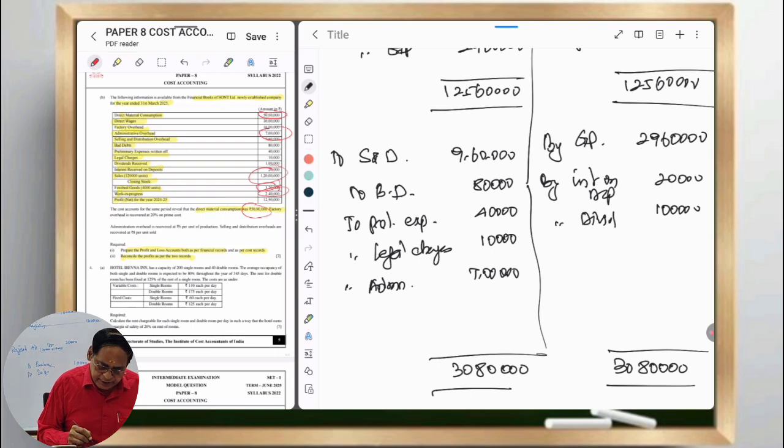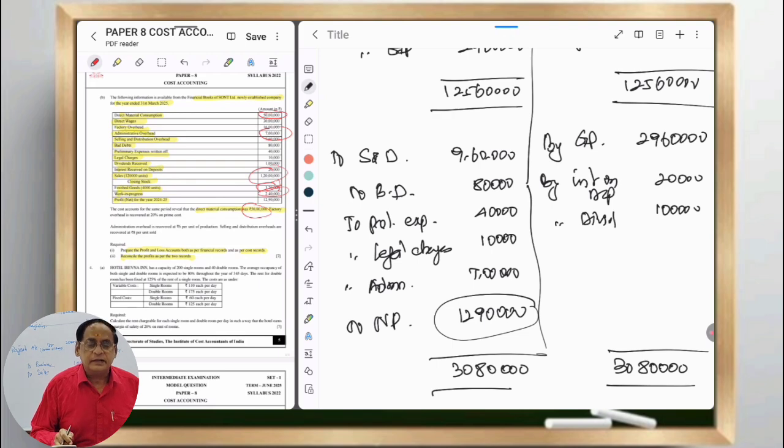So 12,90,000. According to the financial accounting, the net profit will be 12,90,000. Now let us see if we receive the same profit if we prepare the cost and profit account according to the cost accounting standard.